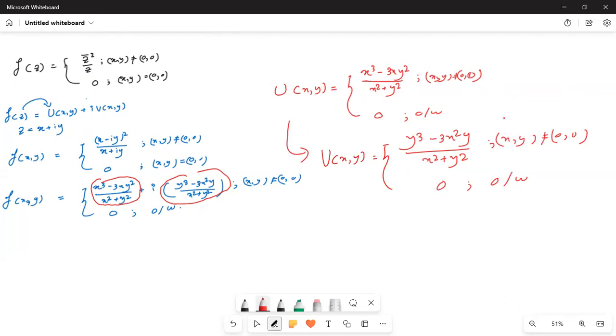First of all, what do the Cauchy-Riemann equations say? They say the partial derivative of u with respect to x is equal to the partial derivative of v with respect to y, and u_y equals minus v_x. These are the relations that come from the Cauchy-Riemann equations.